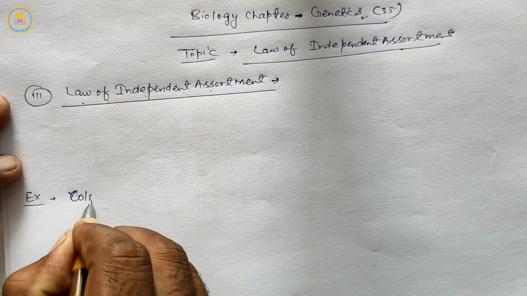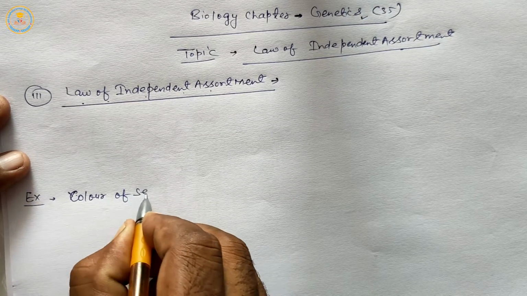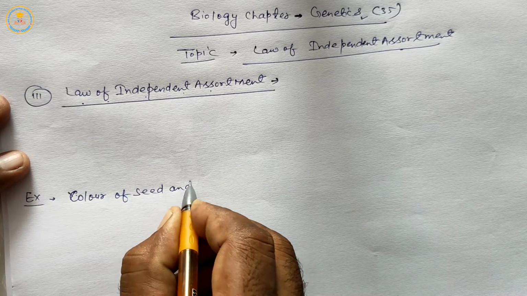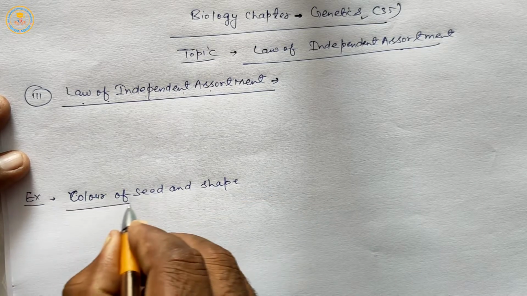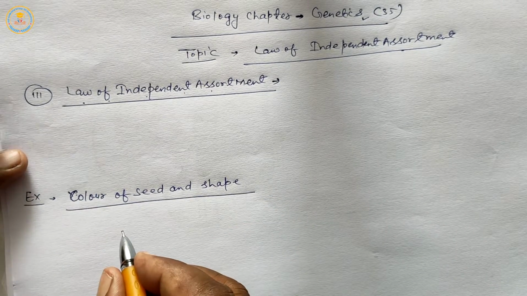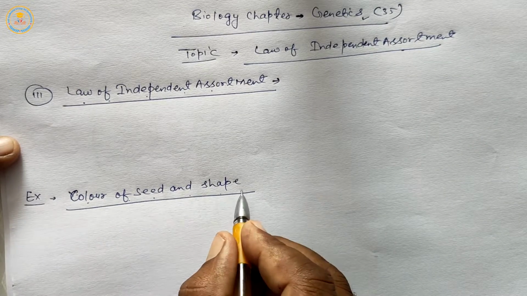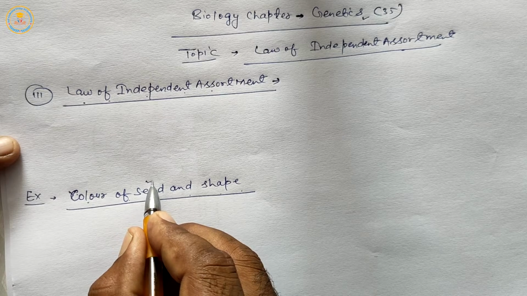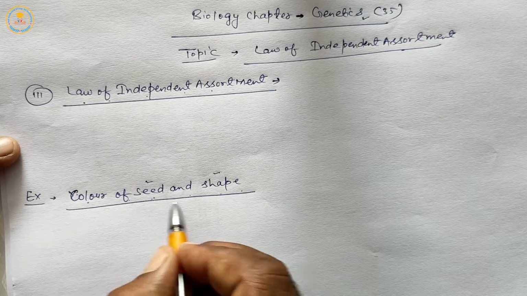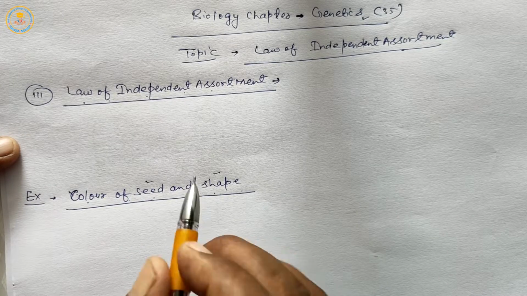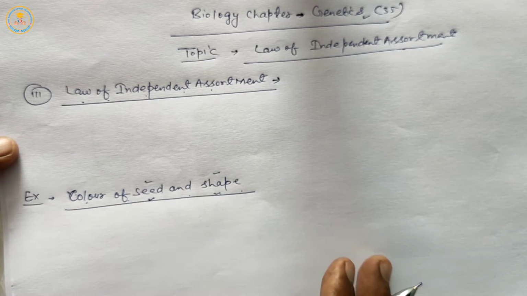Example is color of seed and shape of seed. Once again, example color of seed and shape of seed. It means first trait, second trait. In this law, two traits we take. First seed color, second seed shape.